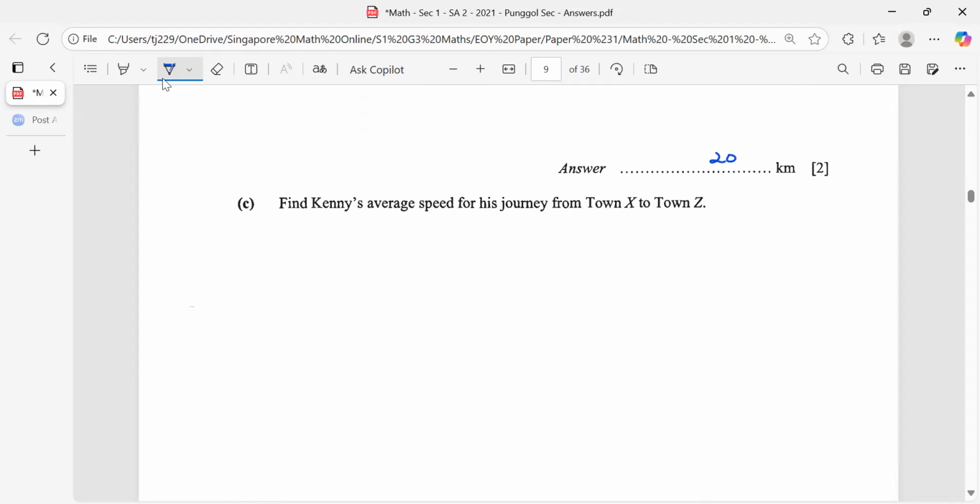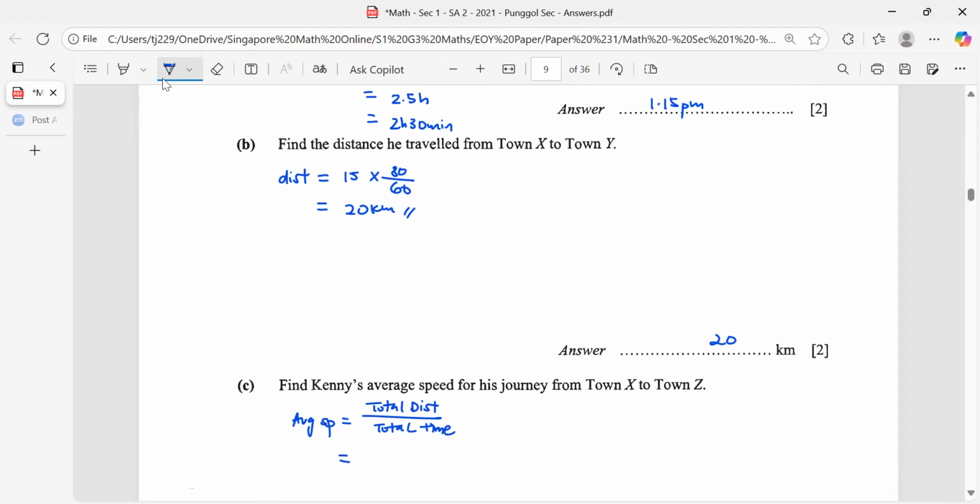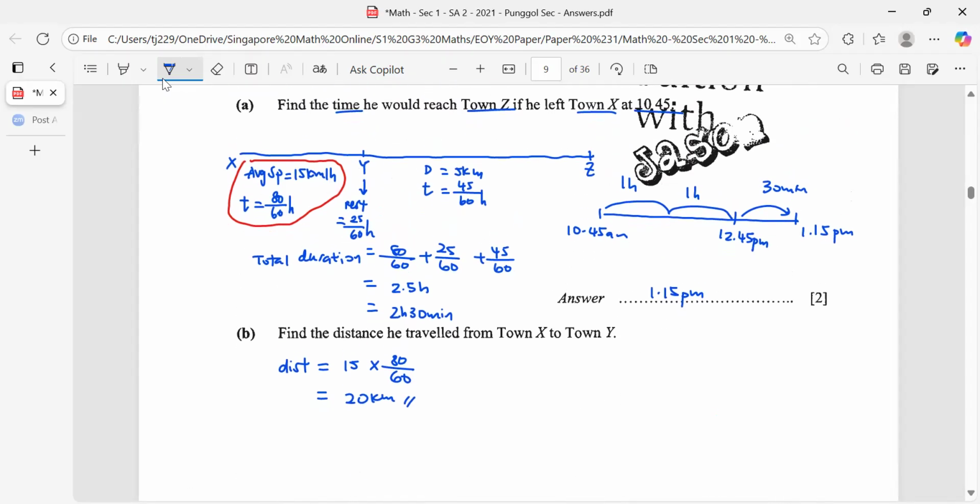Finally, find Kenny's average speed for his journey from town X to town Z. So the formula for average speed will be to take the total distance divided by the total time. Okay, let's consider the total distance first. The distance from X to Y, as we have found just now, is 20 km. Next half of the journey, 5 km.